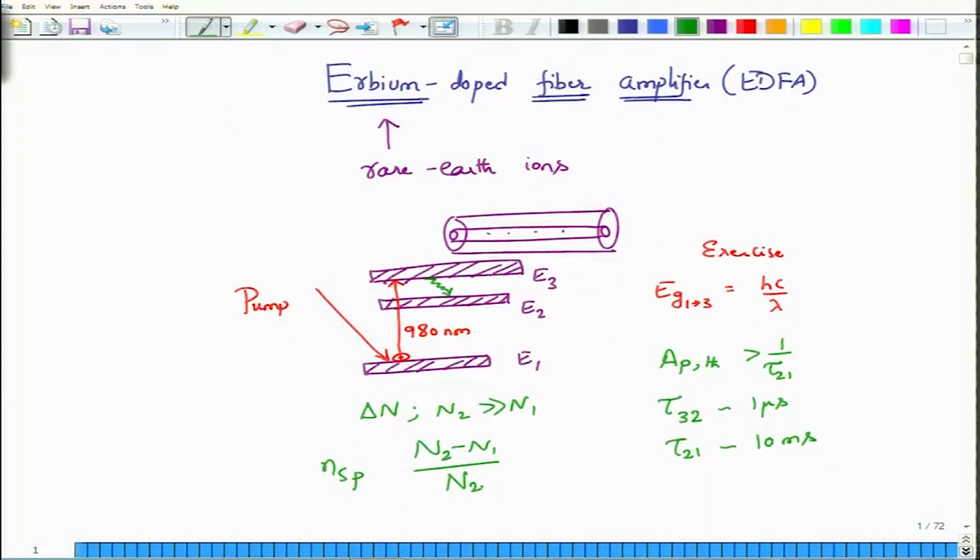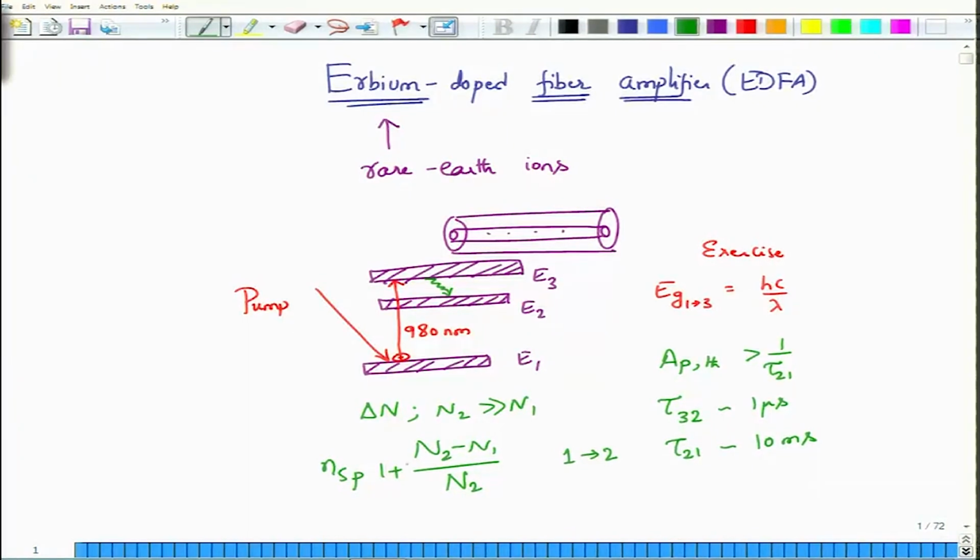So when you fill completely, N1 will be equal to 0 and only N2 will be there, and then NSP can go all the way to 1, or maybe this is actually 1 plus (N2 minus N1) by N2. So the filling factor can go from 1 to 2. I have to adjust these numbers in any way, but do not really worry about it. The idea is that you are not going to fill completely, but you are going to fill it with a certain factor.